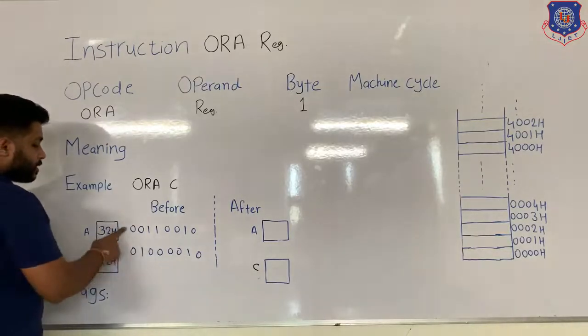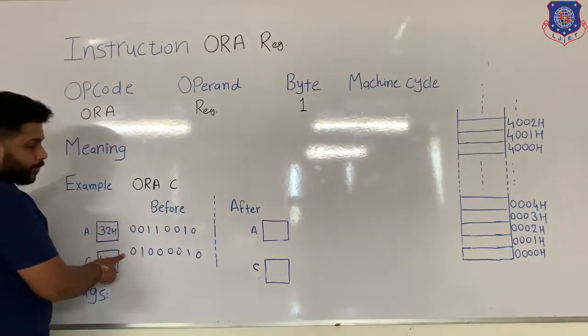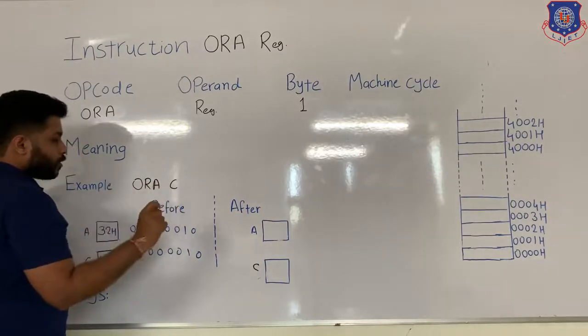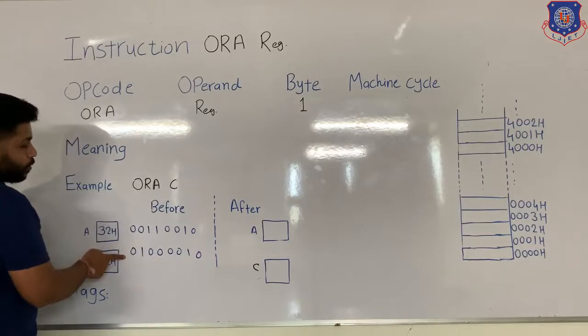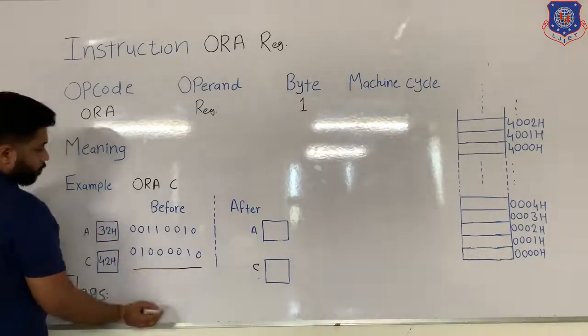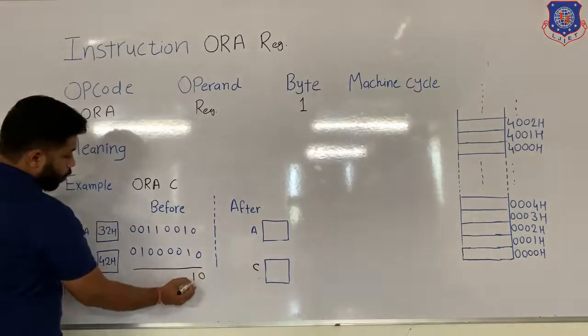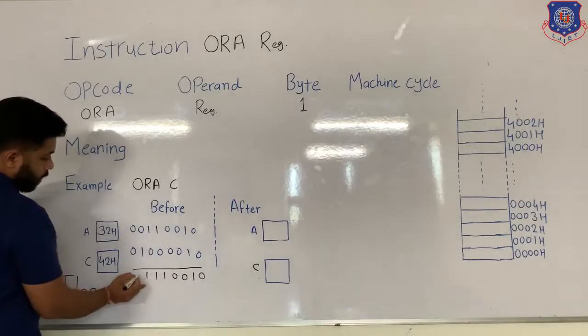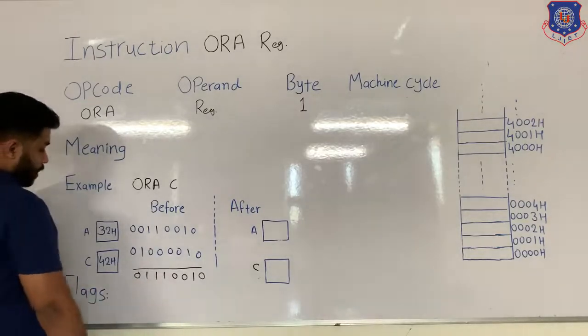I have represented these numbers in binary. So when this instruction is executed, the logical OR operation will be performed between these two numbers. Let's perform the logical OR operation. We will get 0, 1, 1, 1, 0, 0, 1, 0.